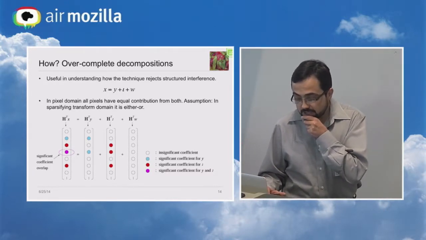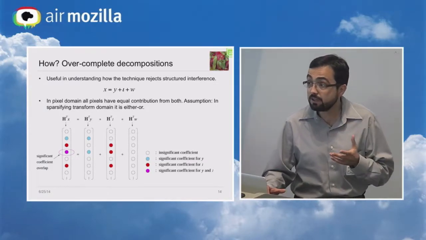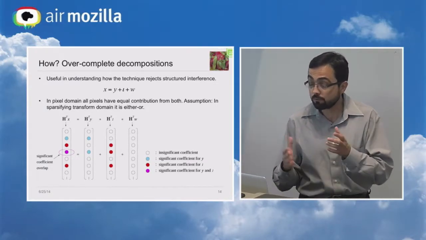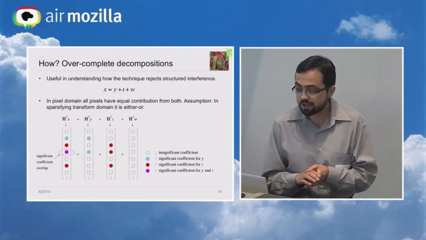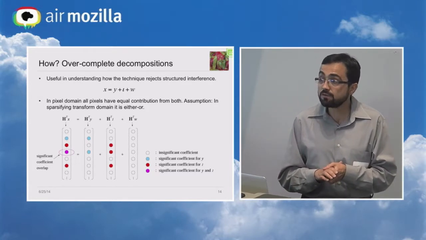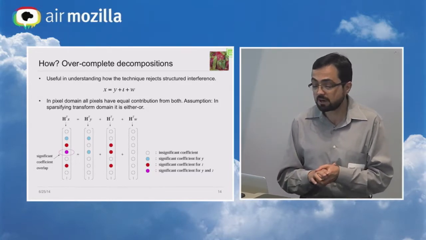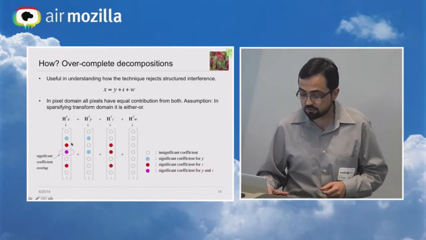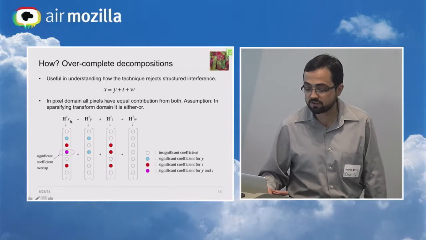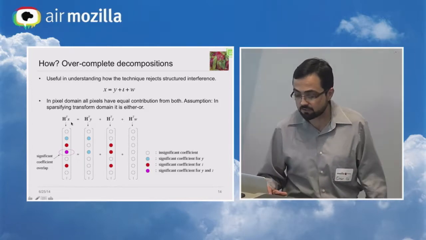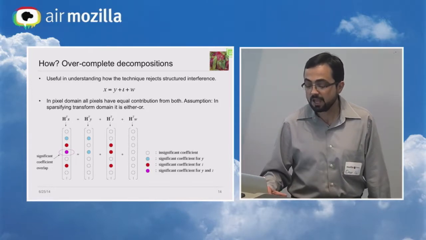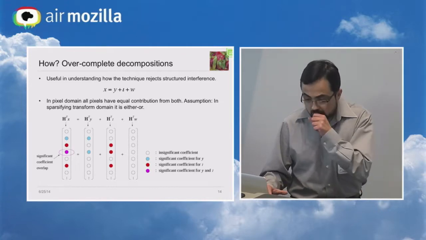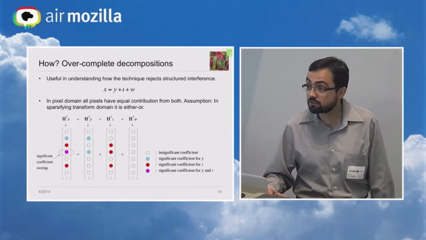So while in the pixel domain all pixels have equal contribution from both sources, Y and iota, in a sparsifying transform domain, if there is one, we want it to be as depicted in this picture. Imagine I take a transform over the signal, this complicated linear transform, but it's basically a linear transform. Because it is linear, it can be written as so.